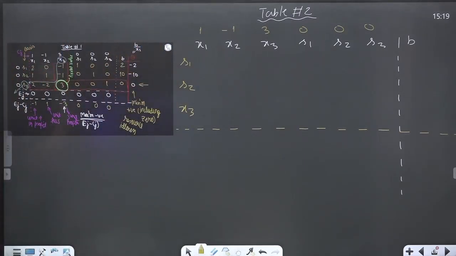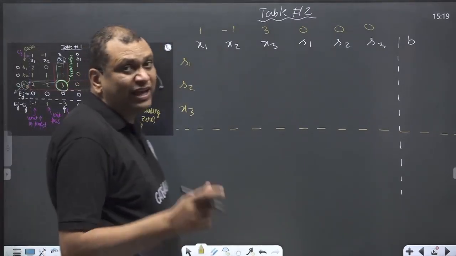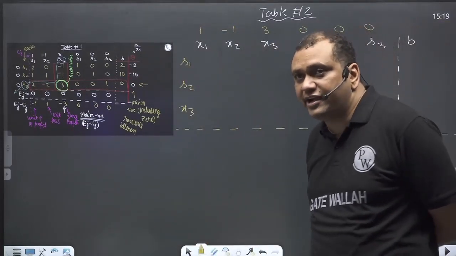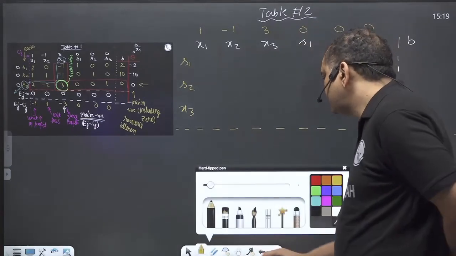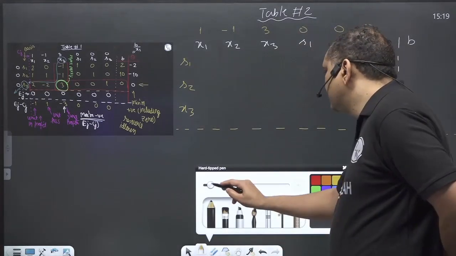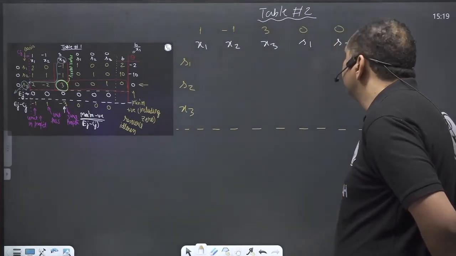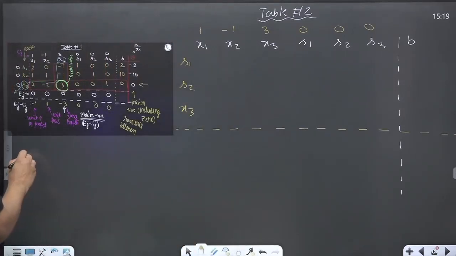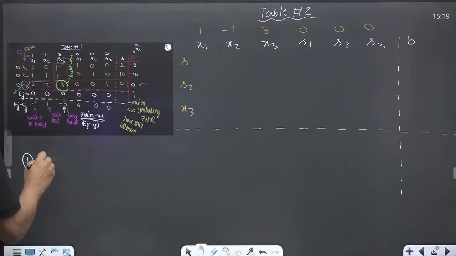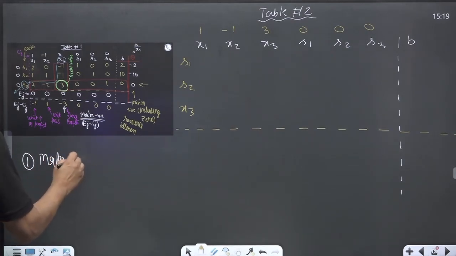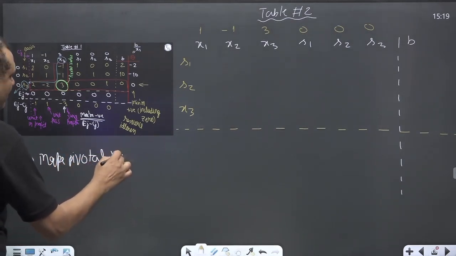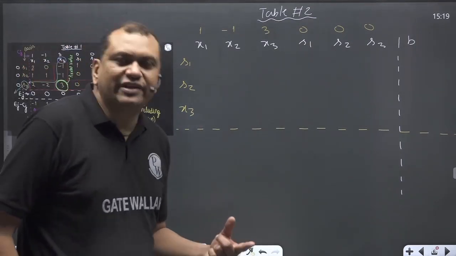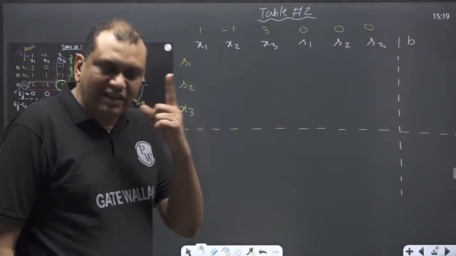Now what we have to do, we have to have a cool head. While doing the iterations of the simplex, your head should be cool. What do you have to do? Make the pivotal value equal to 1.